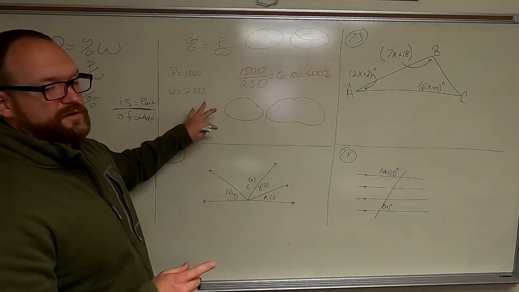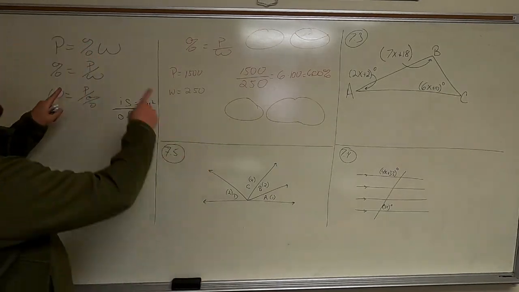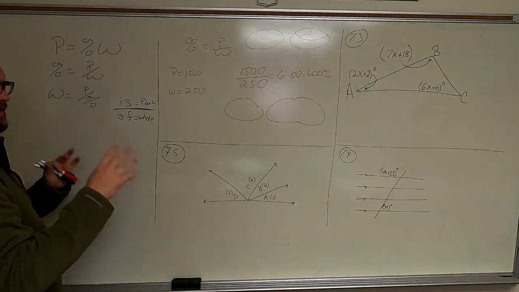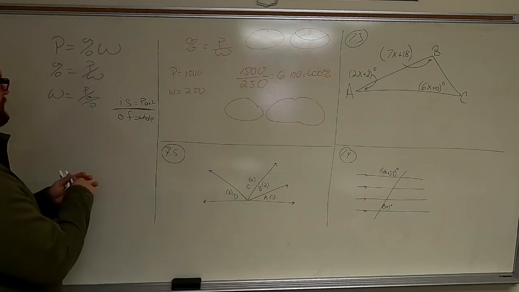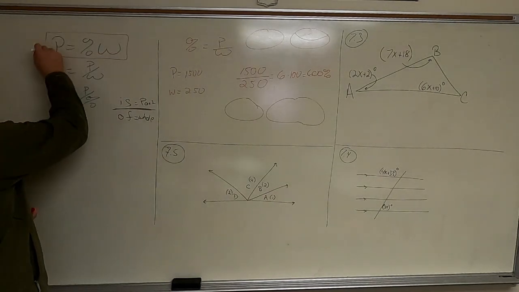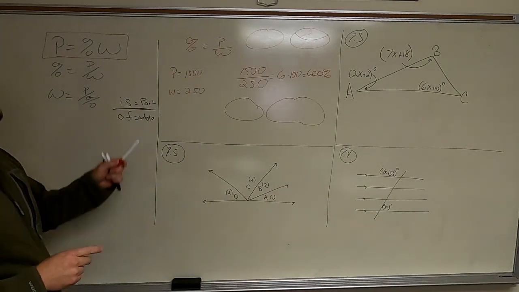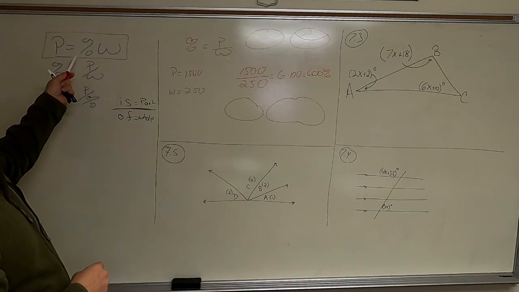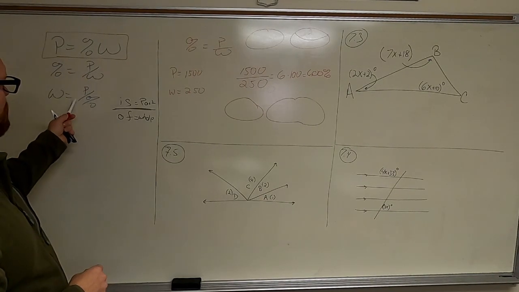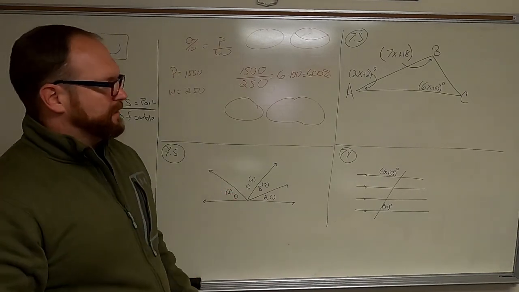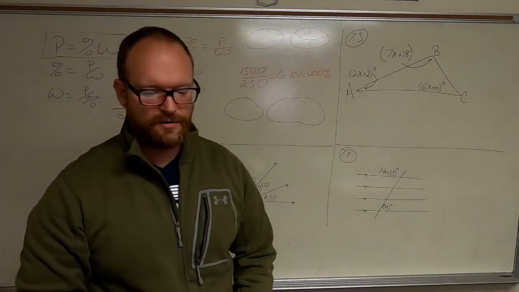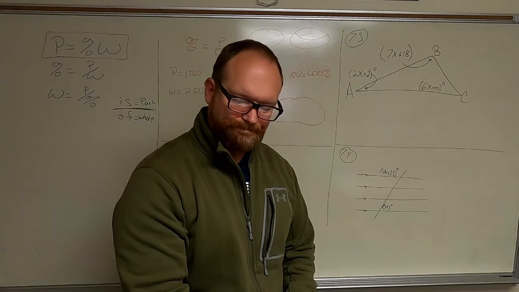But again, just to recap real quick, using our part equals percent times the whole formula, for both of those examples that we worked out, this base formula is going to be the easiest for us to use. And remember that formula, then we can use algebra to work out the other parts of the formula. All right, we're going to go ahead and move on and look at some equations from geometry.